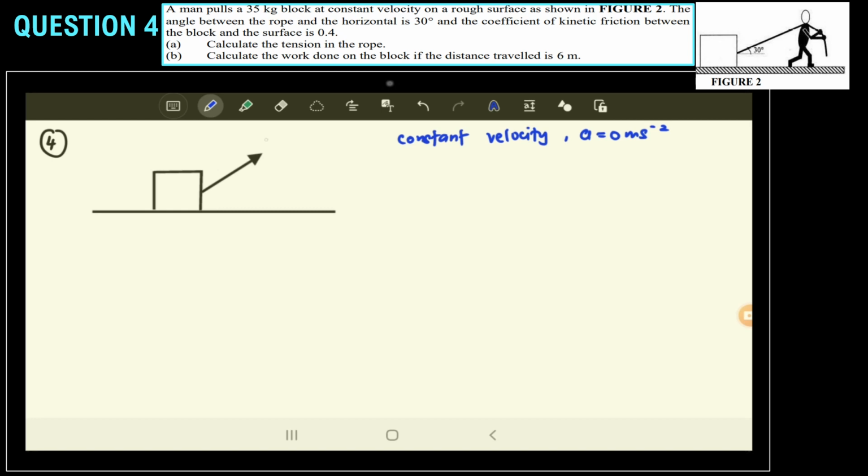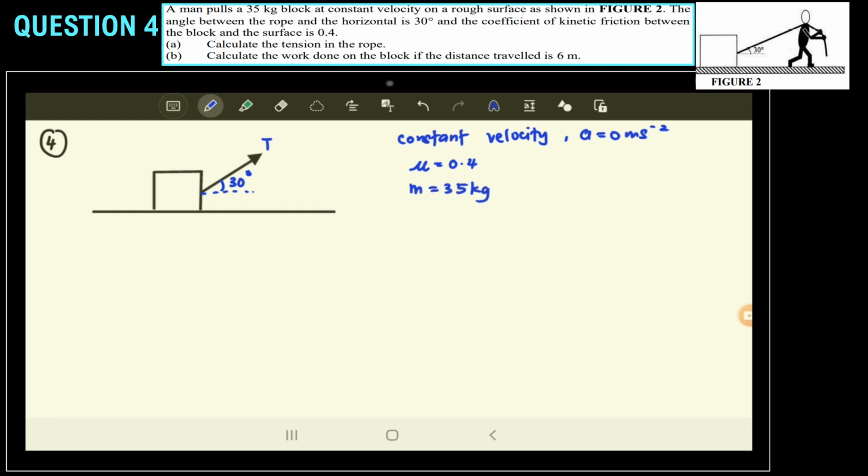So this is T and this is the angle 30 degrees to the horizontal. Given that the coefficient of kinetic friction between the block and the surface is 0.4, so mu is equal to 0.4.